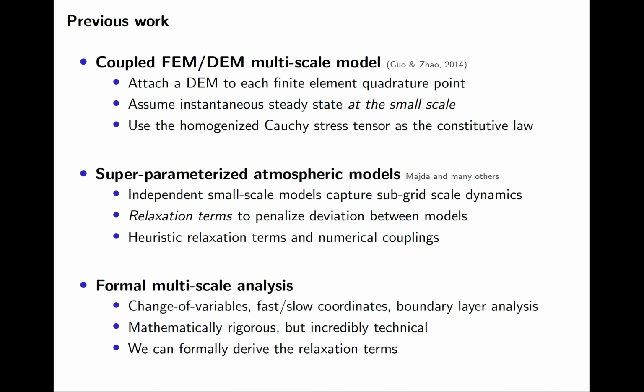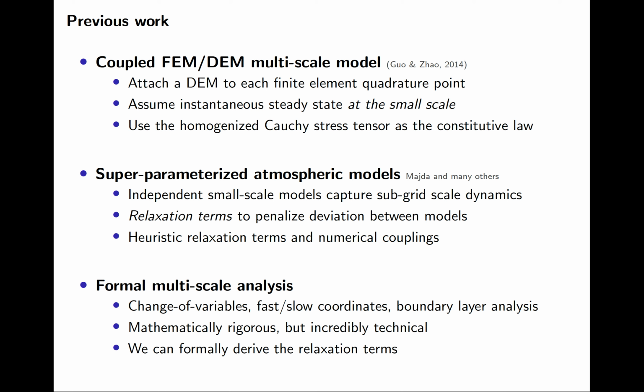They just penalize deviation between your small-scale model and your large-scale solution, so that the small-scale model kind of relaxes toward the large-scale solution. And these relaxation terms are more heuristic, and a lot of the numerical couplings between these models are heuristic because the goal is to capture observed dynamics more than to be mathematically rigorous.